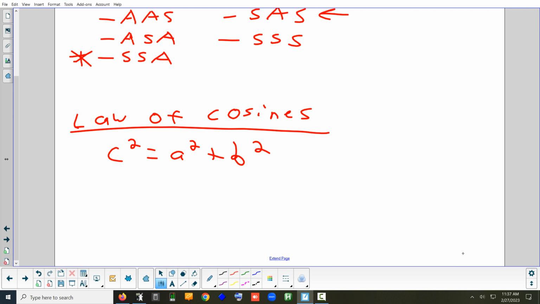The proof of it is actually not that hard. But if we subtract something on the end, it turns into what we call the law of cosines. And what we subtract is twice the product of the two sides that we had right there times the cosine of the angle across from C.